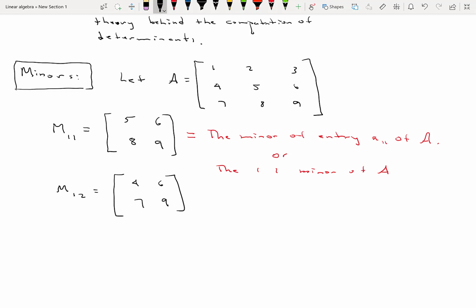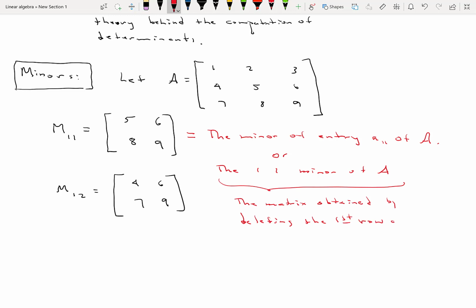So, going back to the 1, 1 minor of A, the 1, 1 minor of A is the matrix obtained by deleting the first row and the first column of A. So that sort of reveals how I got the 1, 2 minor of A, or the minor of entry A12 of matrix A, using the terminology of your author.